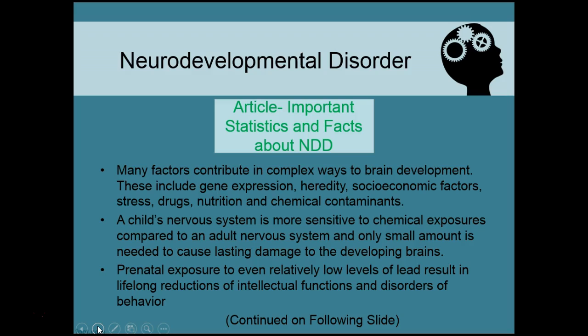A child's nervous system is more sensitive to chemical exposure compared to an adult nervous system, and only a small amount is needed to cause lasting damage to the developing brain.